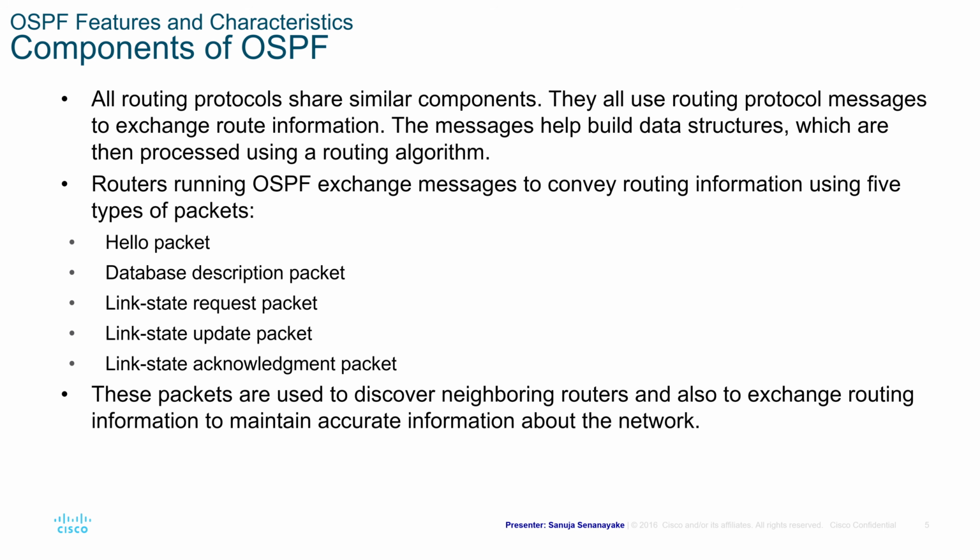Routers running OSPF exchange messages to convey routing information using 5 types of packets. Those are hello packets, database description packet, link state request packet, link state update packet, and link state acknowledgement packet. These packets are used to discover neighboring routers and also to exchange routing information to maintain accurate information about the network.